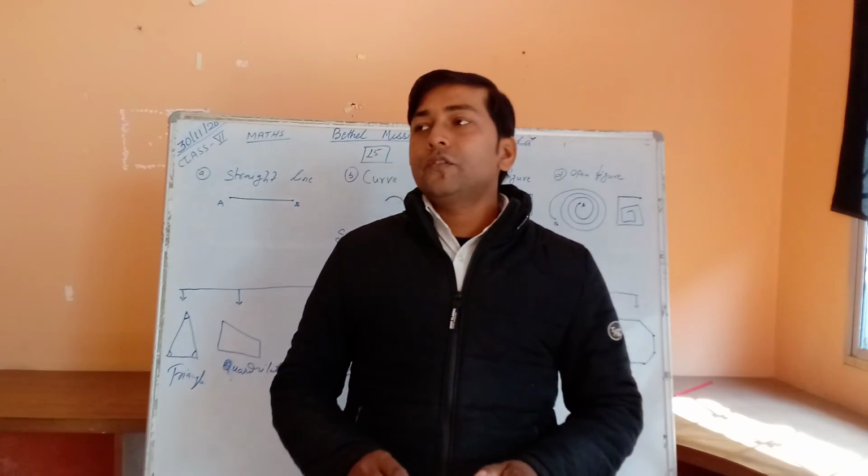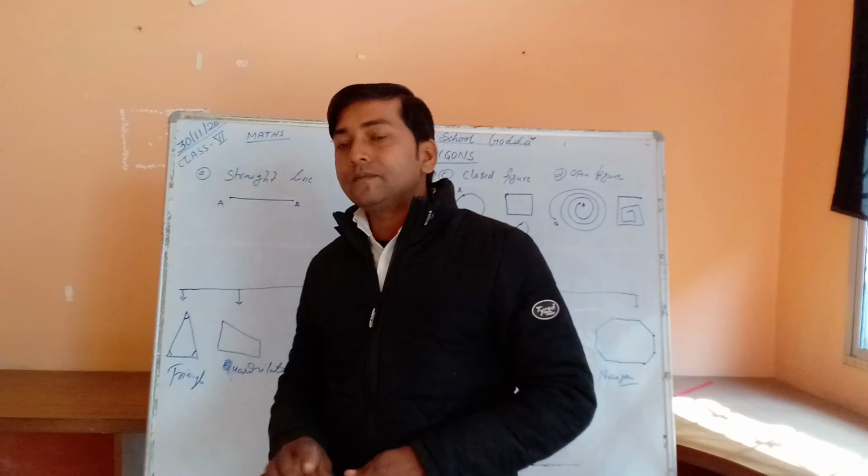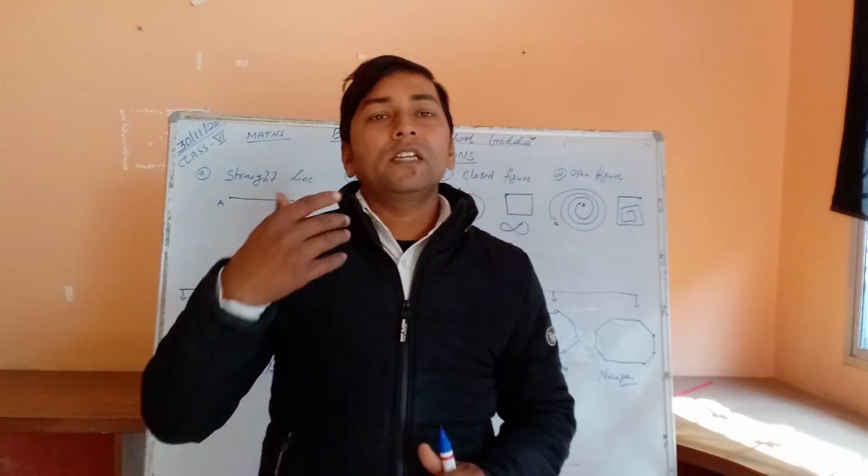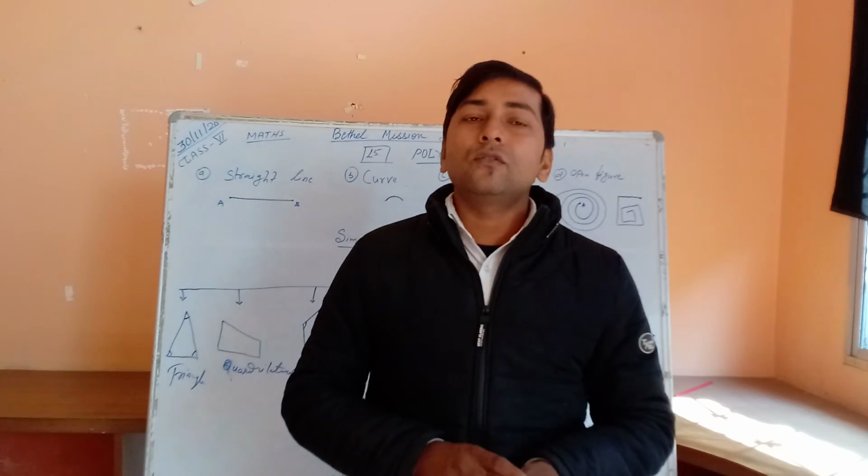And in a simple closed figure, a polygon is made when 3 or more than 3 sides make the simple closed figure.